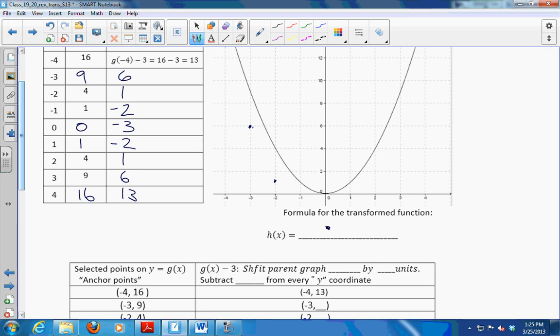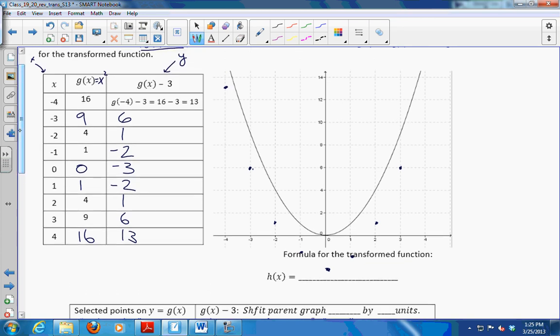Then I skipped 1, negative 1, negative 2. Let's look right there. Then I have 1, negative 2. Then 2, 1. 3, 6. And 4, 13. So I connect these.